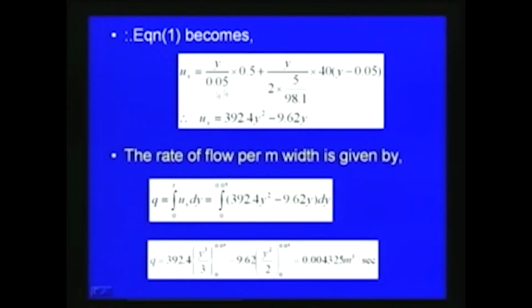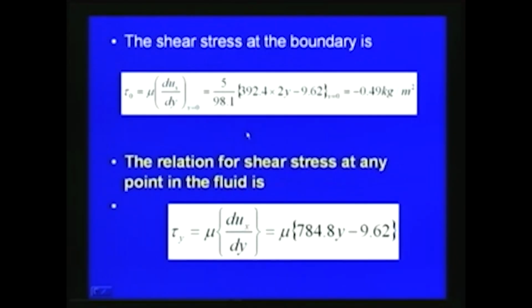We substitute the values: 5 by 98.1 into 392.4 into 2y minus 9.62. Since ux is already known, we just take the derivative del ux by del y. At y is equal to 0, the boundary shear stress is equal to minus 0.49 kilogram per meter square.